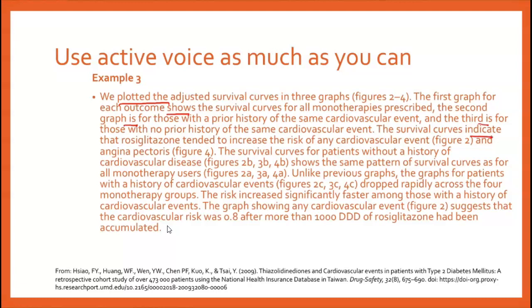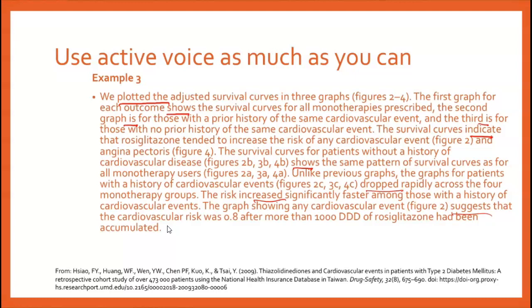Survival curves indicate. The survival curves without a history of paralysis show. Unlike previous graphs, they dropped. The risk increased. The graph showing suggests that. No passive voice whatsoever. It's probably a little easier to use more active voice in results than methods. But I still see a lot of passive voice in results sometimes, and it's not necessary.